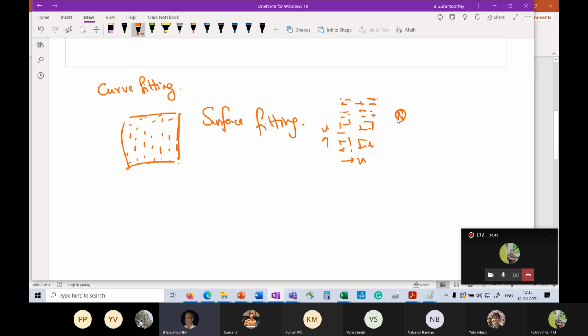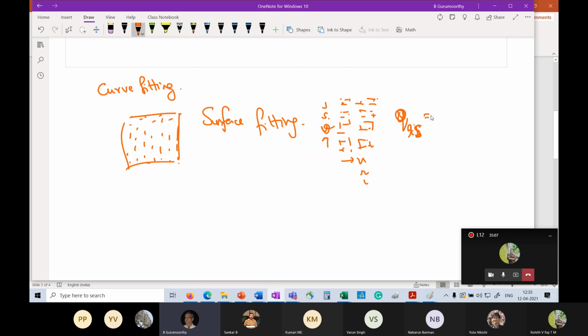So if you were to just see this, I have Q, R, S along the two directions. So this is R, and this is S, and this is I, and that is J. And these are control points, input points, the parametric vector.